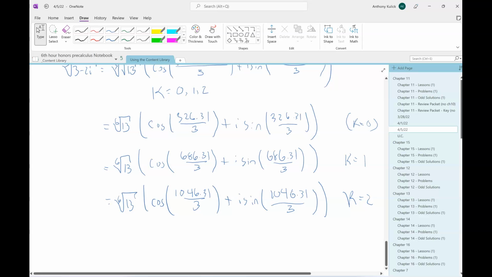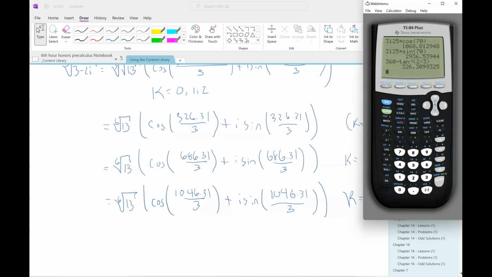If I wanted them in standard form, what would I have to do? Just type that stuff back into my calculator, right? As a little reminder, to type in a 6th root, I'm just going to press a 6. And if I press the math button and choose option 5, that's the xth root. It'll make a 6th root for me.